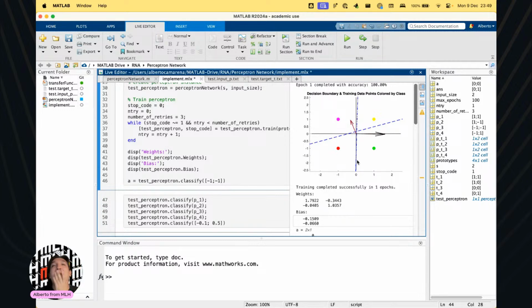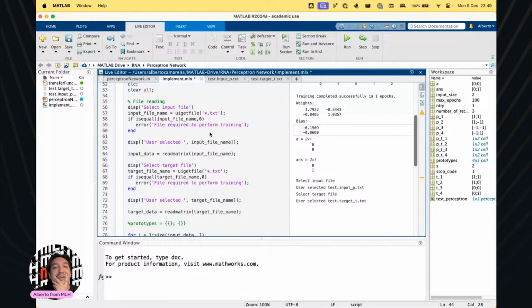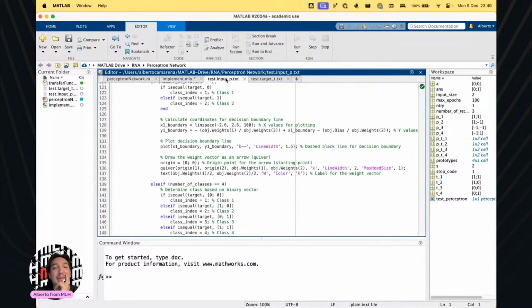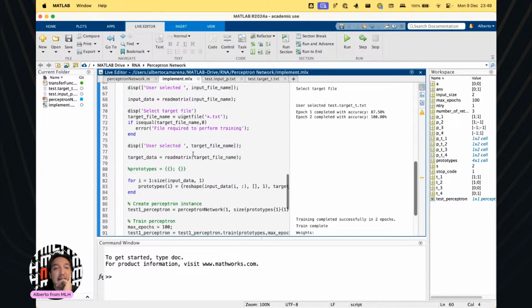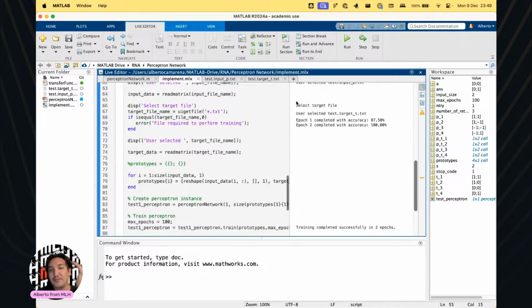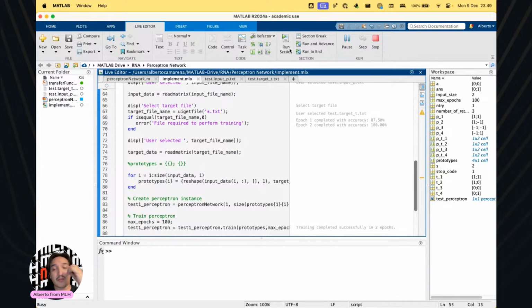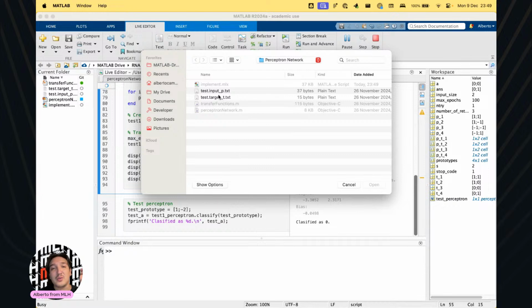What next? What else? Well, here, for example, I have a test input representing some other values, and test targets representing some more values. So these are files, and this next section is going to read these files and show us the result for that. And this time we are going to classify just two.